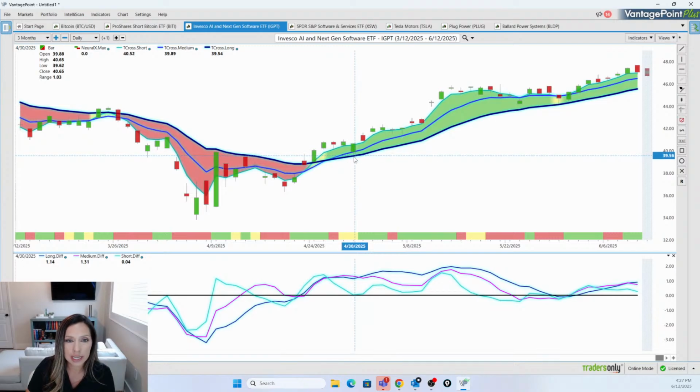And so here now, that T-cross long level, again, that darker blue line, we can oftentimes see that price reverts back down to that T-cross long. And so when that darker blue line, that T-cross long level, is hit by price, but we fail to break through it, meaning we come down, we try to touch it, try to break it, can't, and we bounce back off of it, that tells us that that is a very strong level of support. And support provides that push that price might need to really bounce off of.